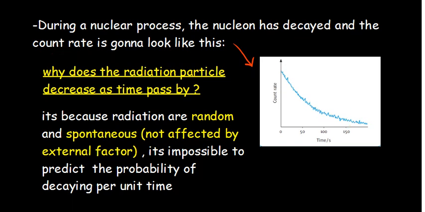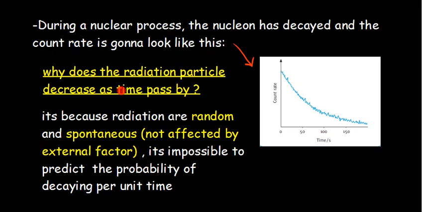If you're wondering why the radiation particles are decreasing, it's because radiation is random and spontaneous. That's why the radiation particles decrease as time passes by.